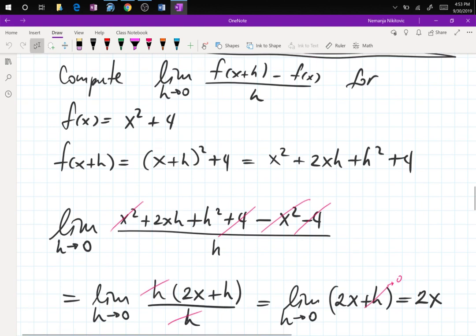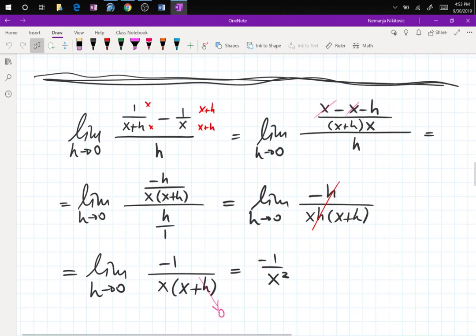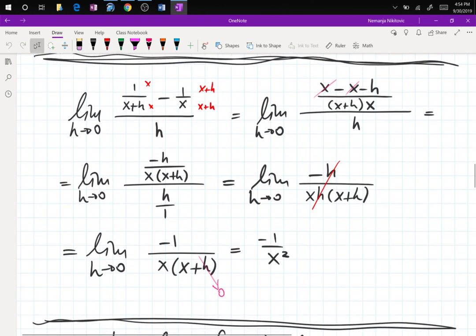This is in your notes, or in the Canvas notes, so you can find this example. The previous example is the same one, except this one just said find the limit and just had the expression. So this is the difference quotient computed for the function 1 over x.